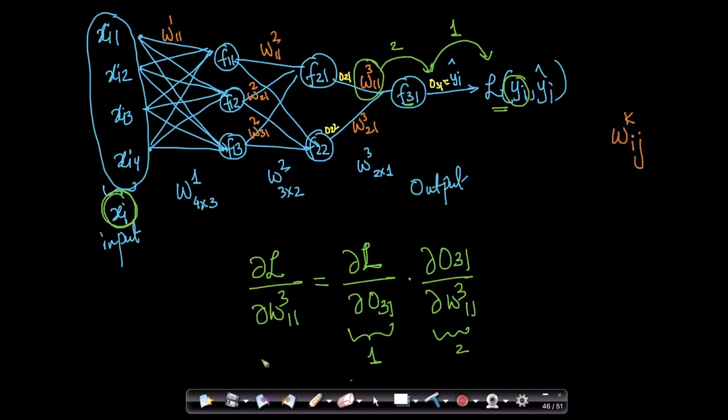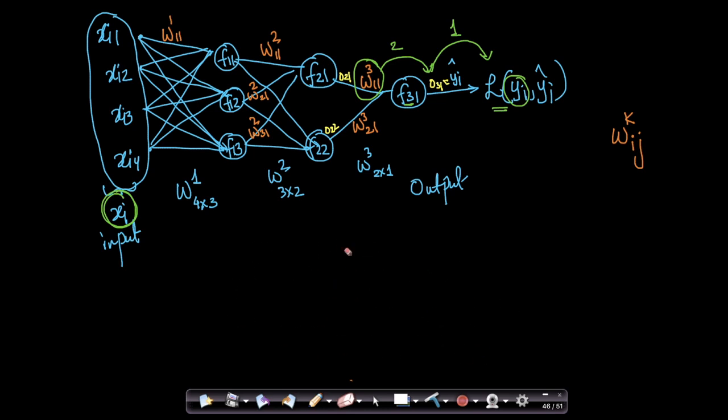Similarly, now let's go back to the diagram. I'll erase this. I'll also erase this notation here. Now I want to look at W321.